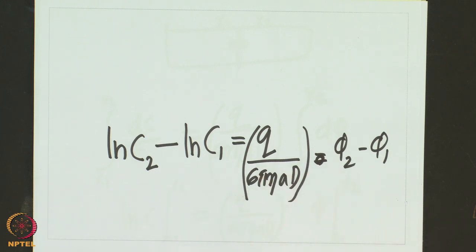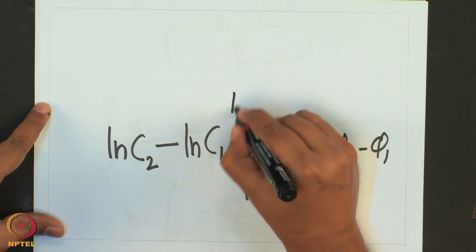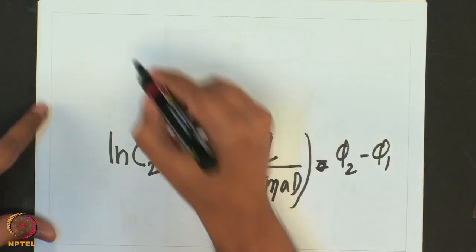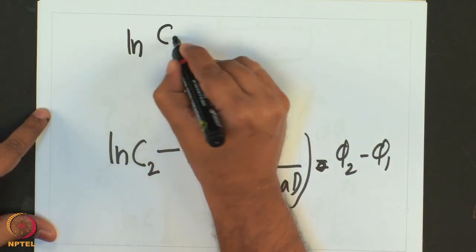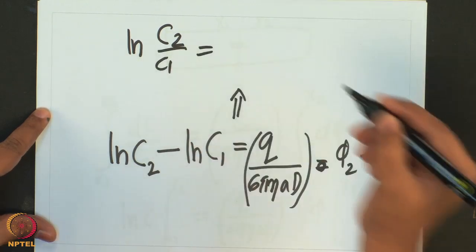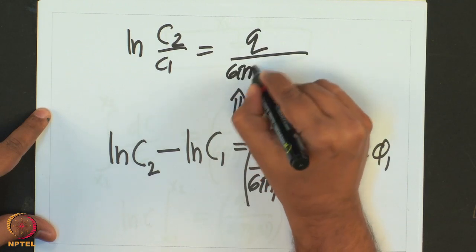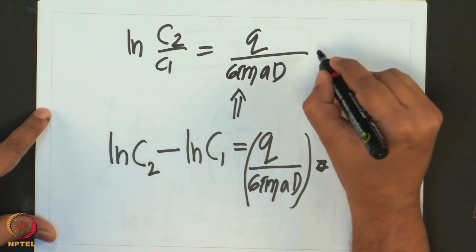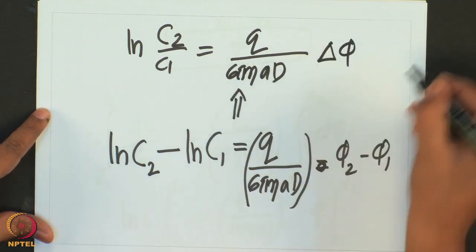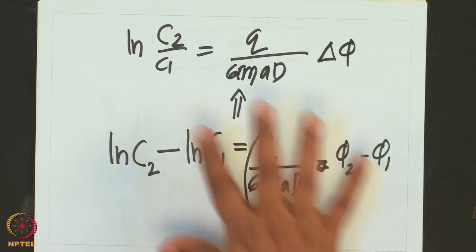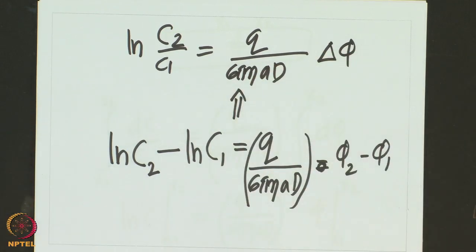This same thing I can write as log c2 by c1 is equal to q by 6 pi eta a d delta phi, which is the change in potential. So, this equation is called the Nernst equation.